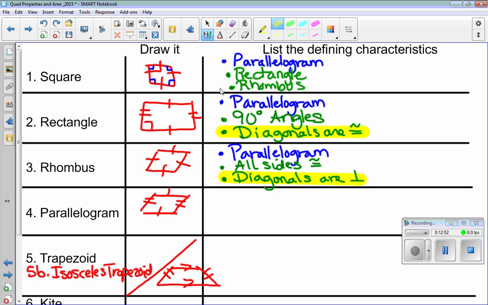All right, parallelogram has quite a few properties, so I hope we have enough room. How many blanks do y'all have? Just 3? 4? Okay. Hopefully, I think there's 5, but we'll see. All right, so in a parallelogram, the first one is that opposite sides are congruent. True? Okay, so both pairs of opposite sides are congruent.